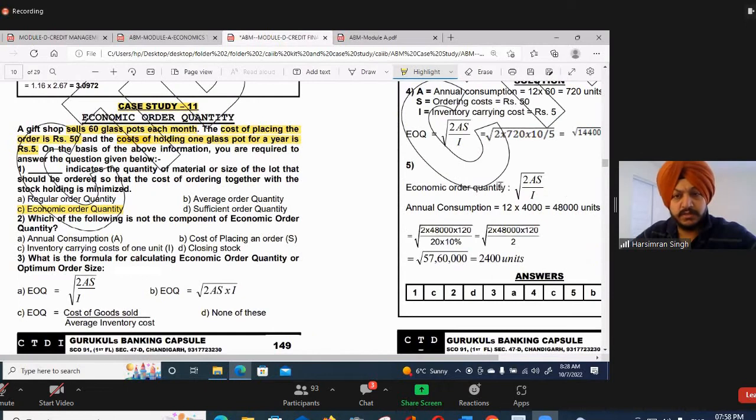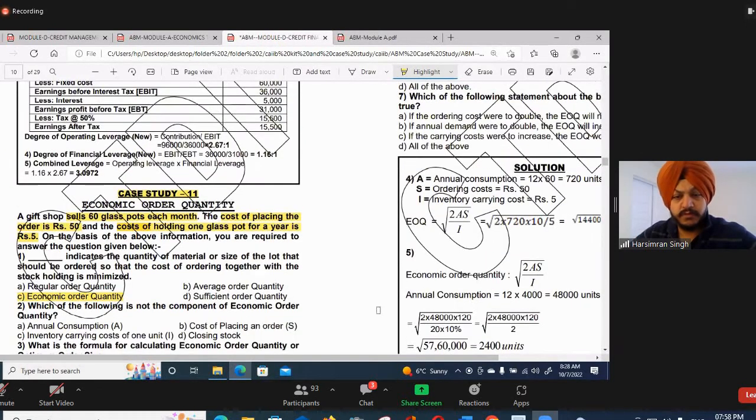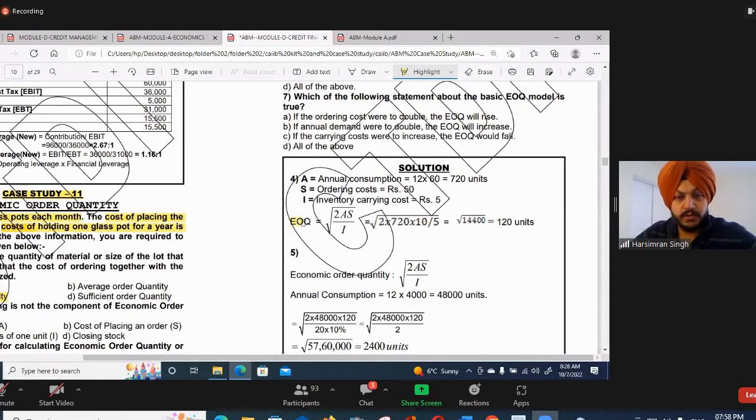This is the solution. See, this is the formula of economic order quantity. EOQ is equal to under root of 2AS by I, where A is the annual consumption, S is the ordering cost, and I is the cost of holding one piece, the inventory carrying cost. So in this case, this shop sells 60 pots in a month.